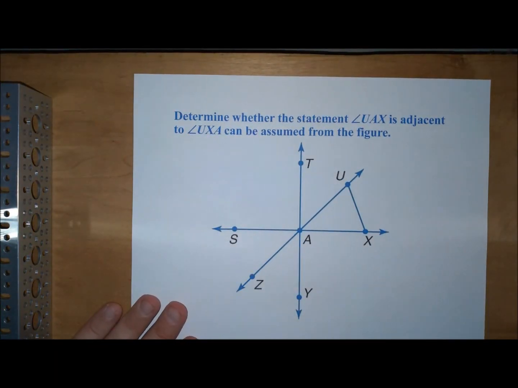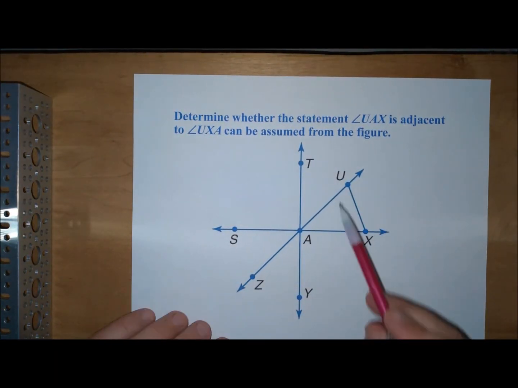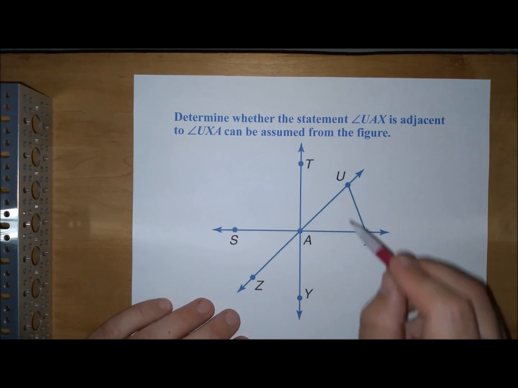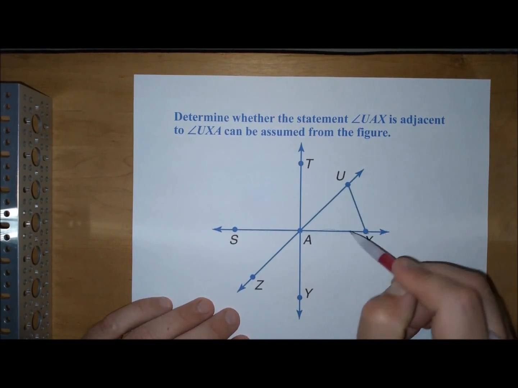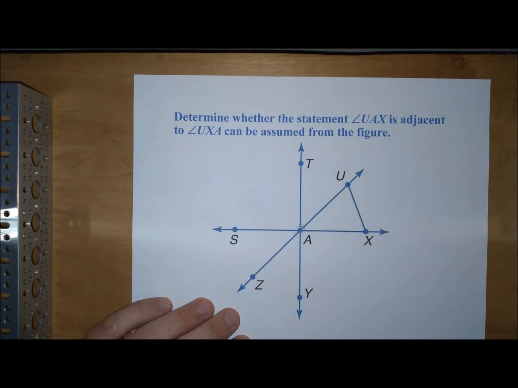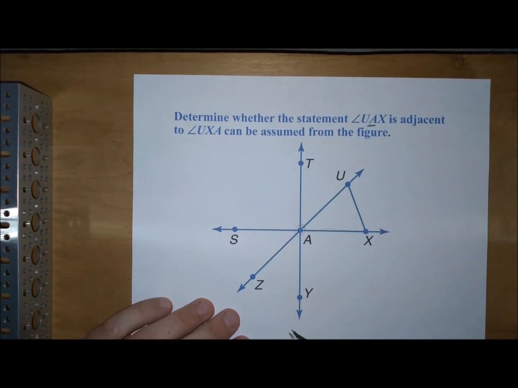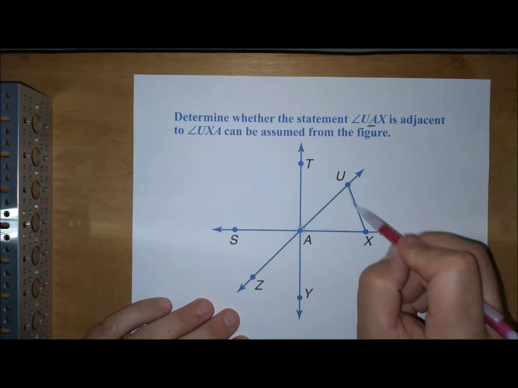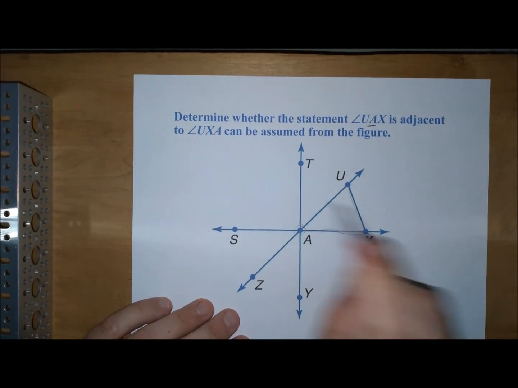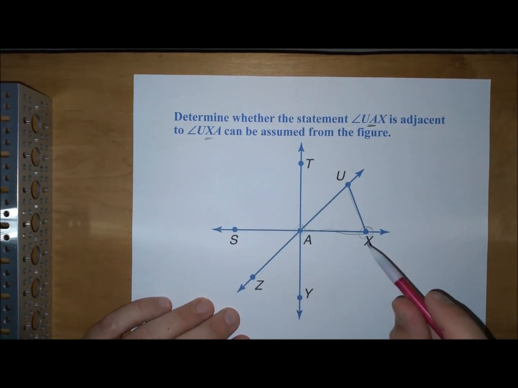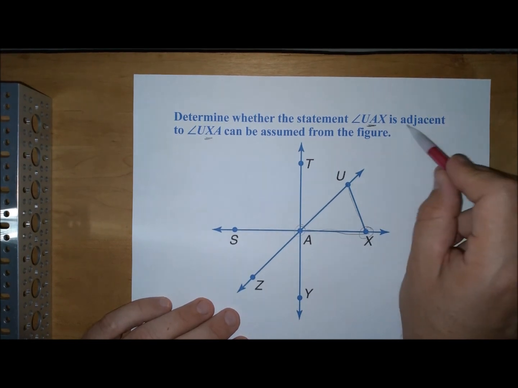All right, last problem here, guys. Could we determine whether the statement angle UAX is adjacent to angle UXA? Could we assume that from this figure? Well, let's look at UAX. It has a vertex at A, the middle letter. What's the vertex of UXA? It's angle X. If two angles don't share the same vertex, they can't possibly be adjacent angles, can they?